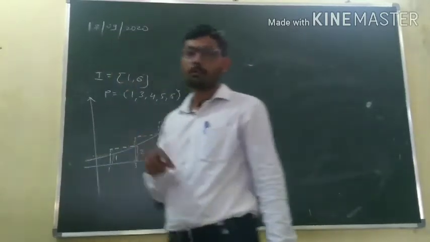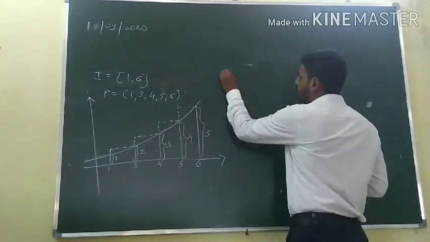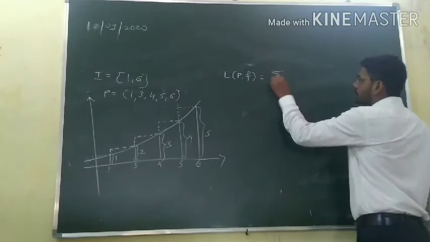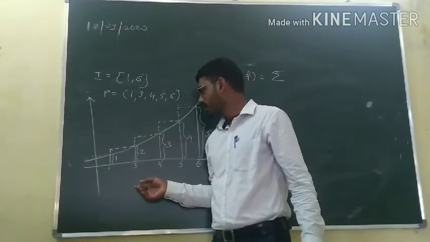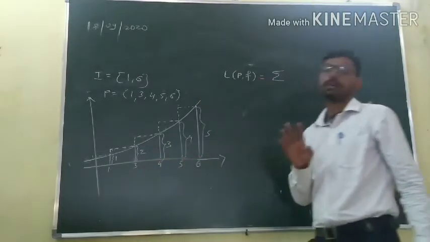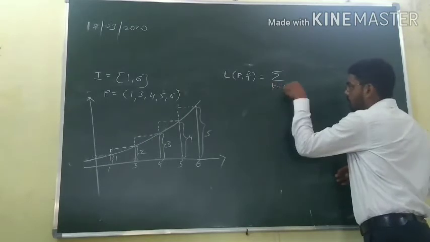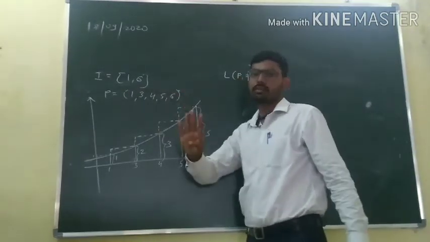For that purpose we have to find three values. We know the formula for the lower sum. What is the formula? The lower sum is nothing but the summation over the sub-intervals or segments. There are 1, 2, 3, 4 sub-intervals. The summation varies from k equal to 1 to 4. There are 5 points, so 4 sub-intervals.